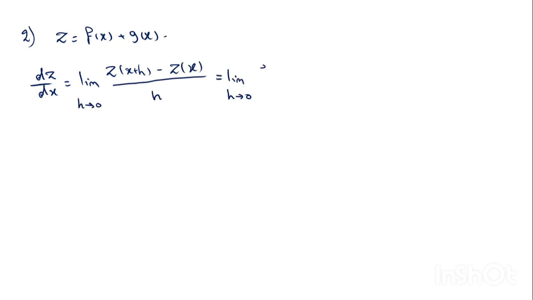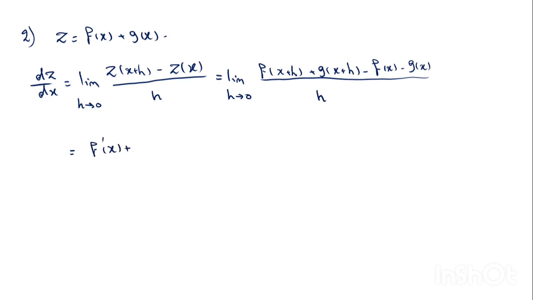So this is equal to the limit of f of x plus h plus g of x plus h minus f of x minus g of x over h as h tends to 0. And separating, we get f derivative of x plus g derivative of x.